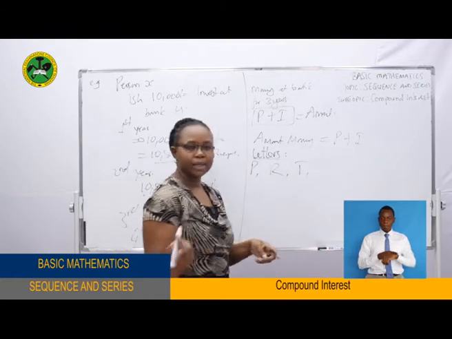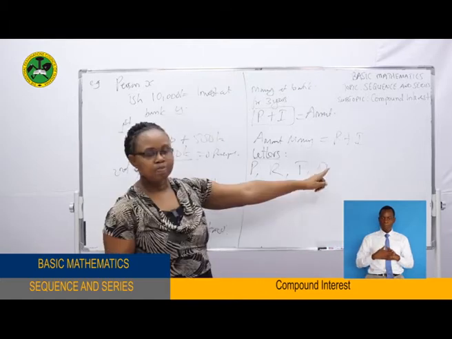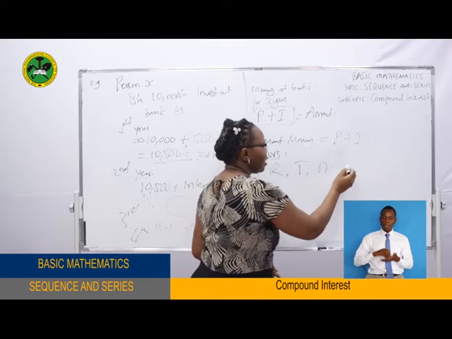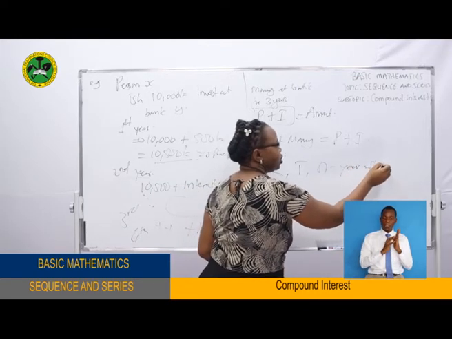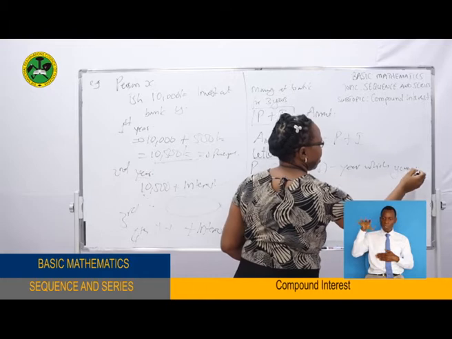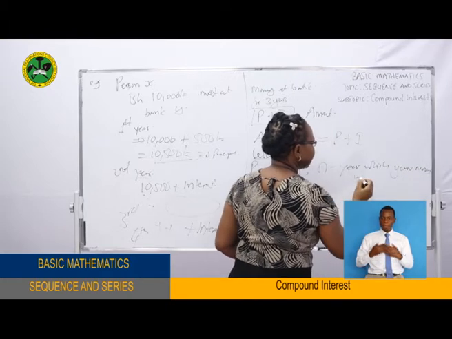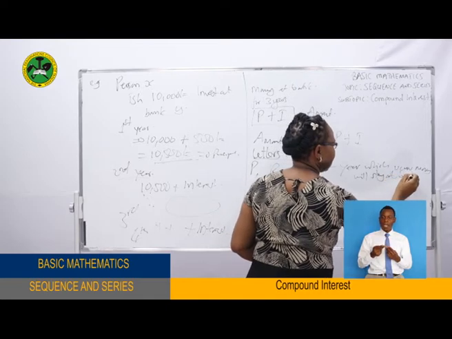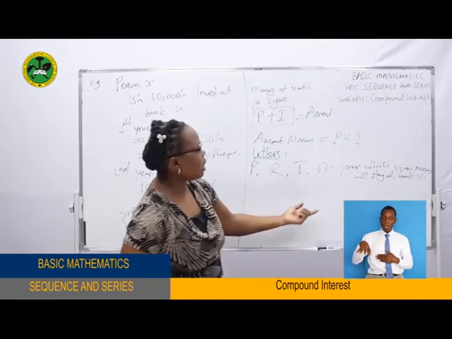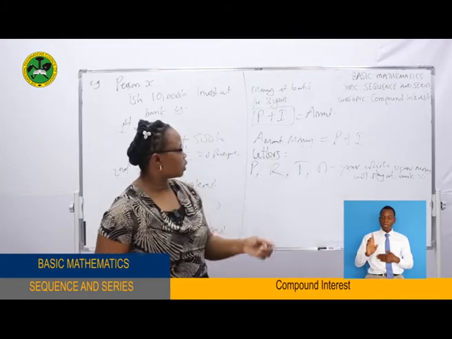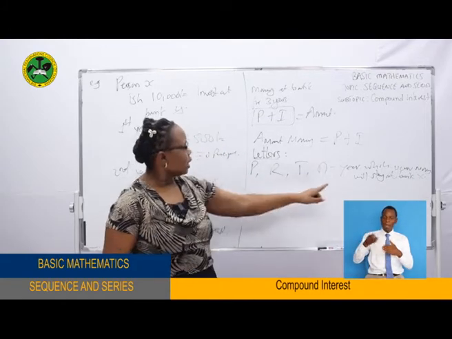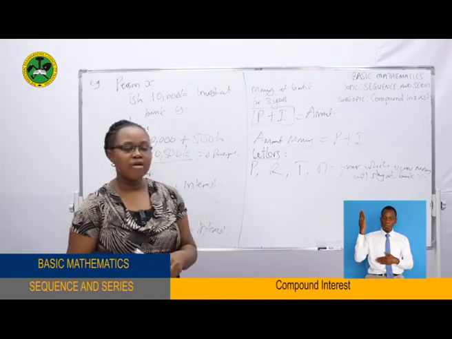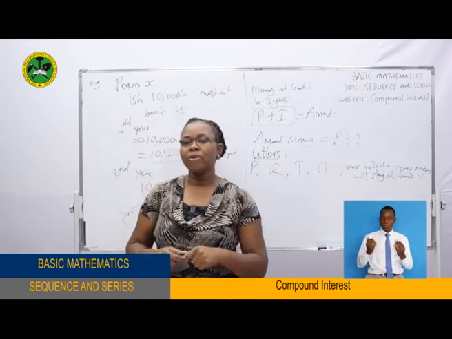Also, the interest is calculated in a year after any years. This "after any years" is the number of years your money will stay at the bank. So by using these letters, we will find the formula for compound interest.